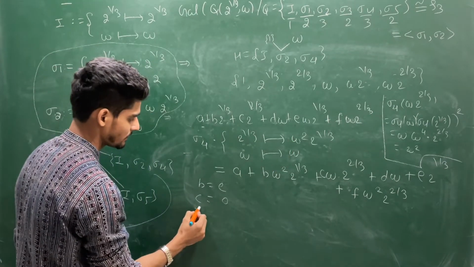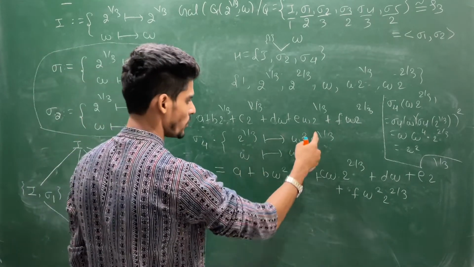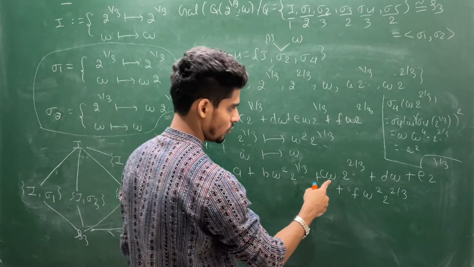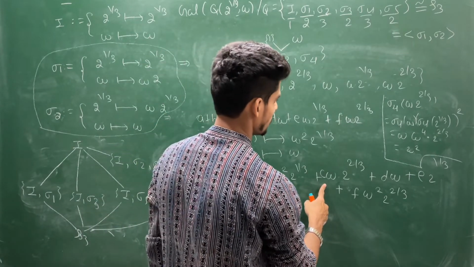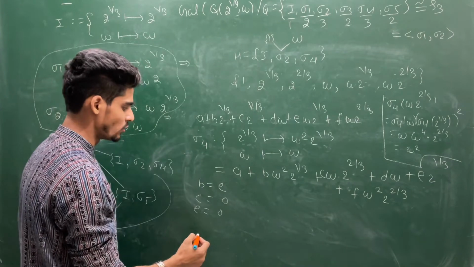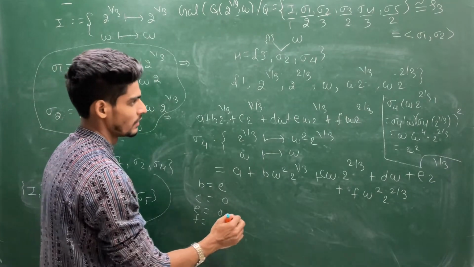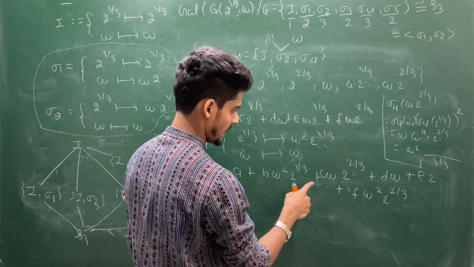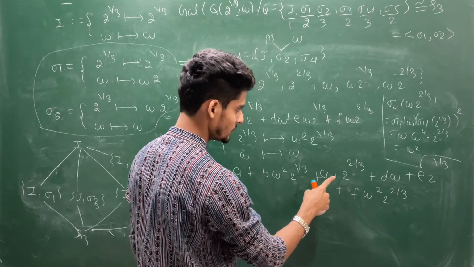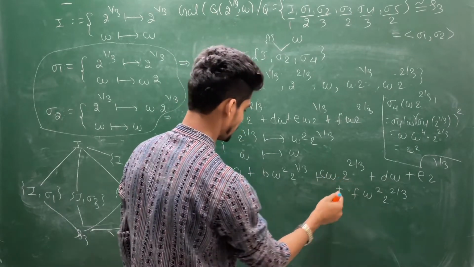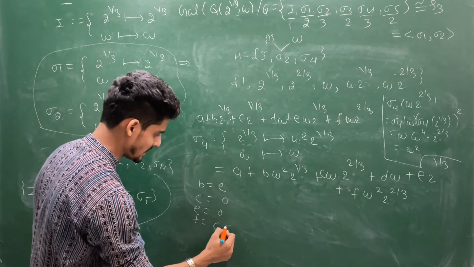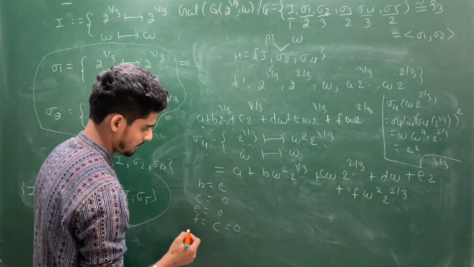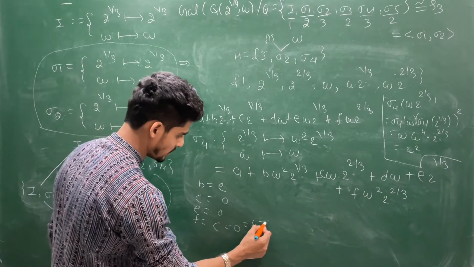Your e will be omega times 2 power 1 by 3. No term, so e is 0. What is f? Omega times 2 power 2 by 3, that is c. So f is equal to c, but c is 0 and e is 0, so your b will be 0, e will be 0.